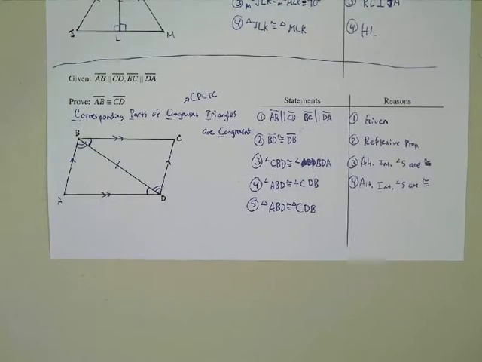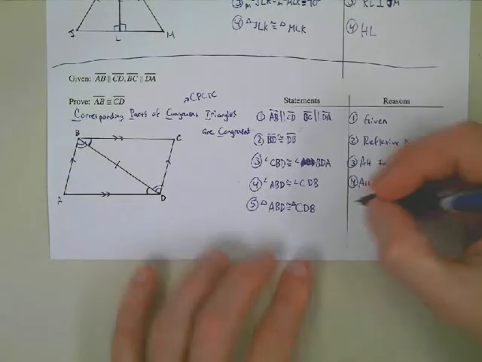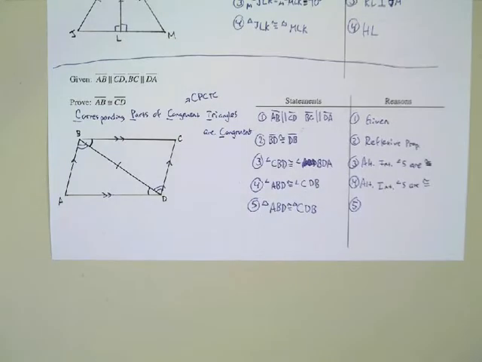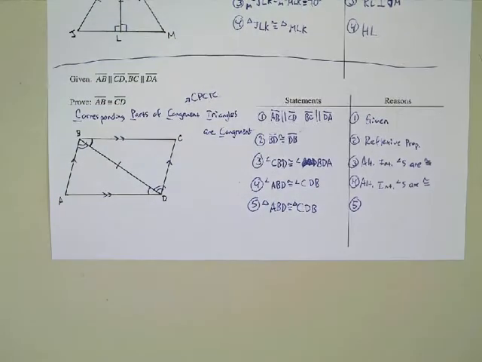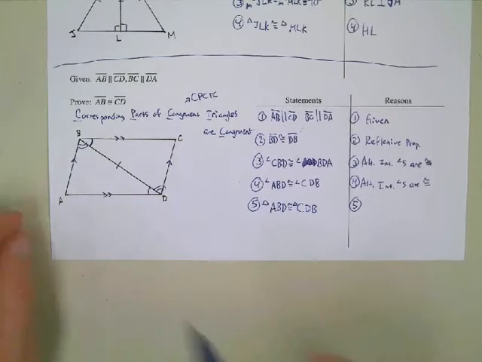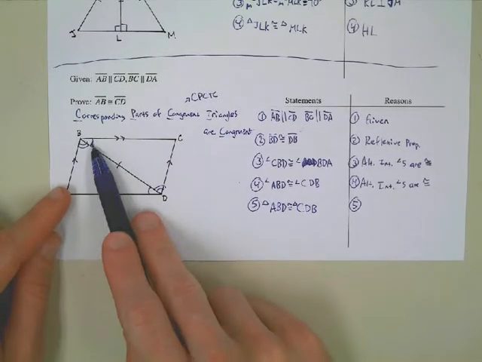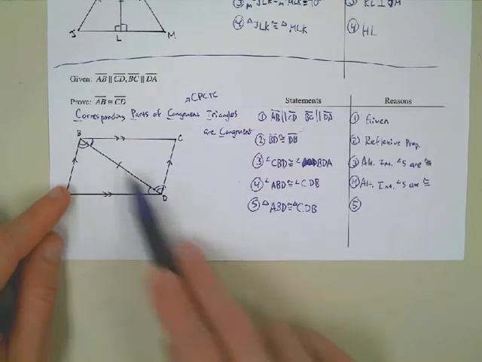And what congruence are we using here, Mason? Is it hypotenuse leg? Do we have right triangles here? No, it's not hypotenuse leg. What do we see? I have an angle, a side, and an angle congruent to an angle, a side, and an angle.